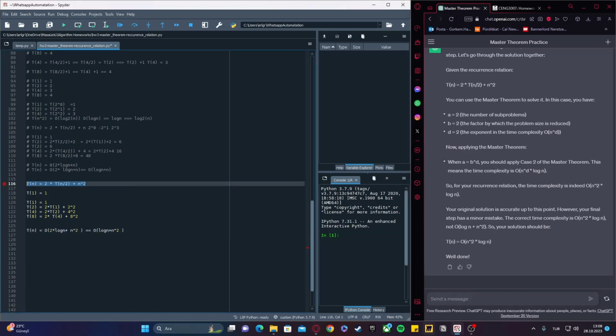Let's ask like this one. This is the algorithm, and there is not 2 times and divided by 2, and over 2, not multiply them.